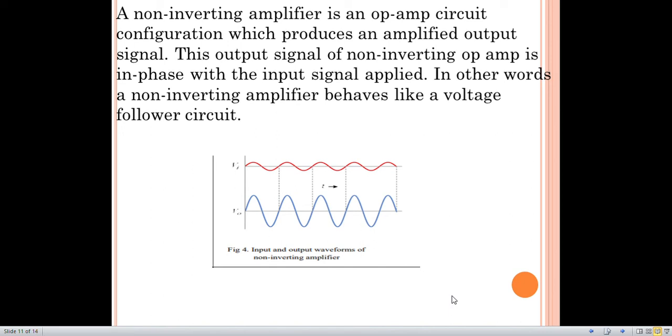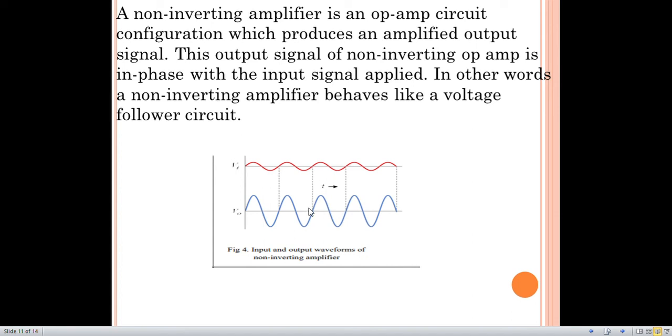And in this graph, I have shown the input signal as well as output waveform of a non-inverting amplifier. Here we are using sinusoidal wave. This is my input wave and this is the output waveform.